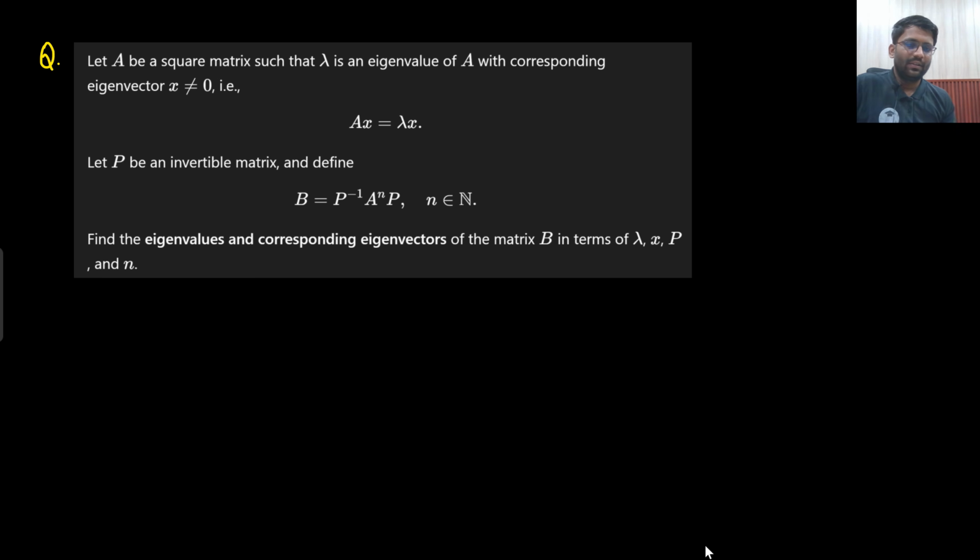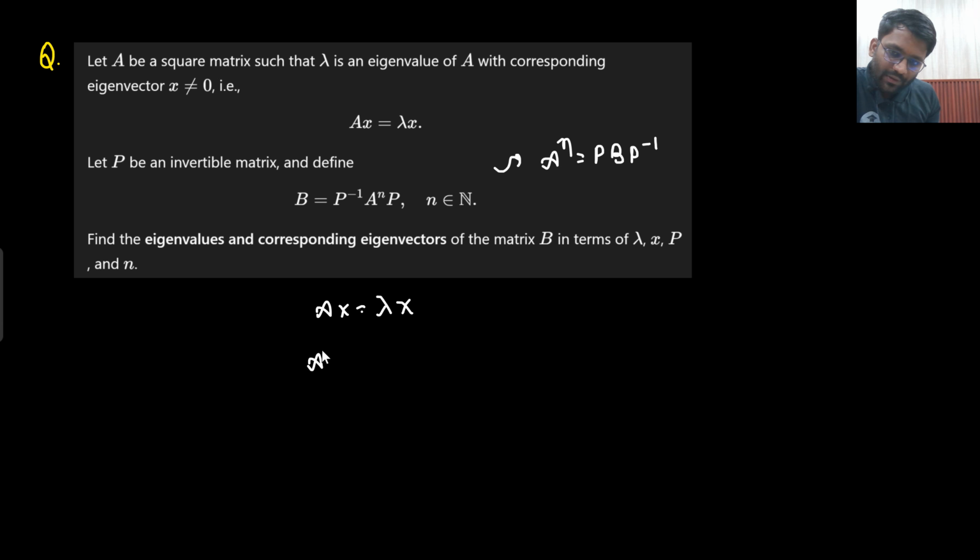What about this question? P inverse A to the power n P. So what will be my matrix B? Yes, this is different. So what will be my matrix A to the power n? From here, the A to the power n relation comes out to be P B P inverse. What is given? Ax equals lambda x is given. What do I know? A to the power n x will be equal to lambda to the power n x. What is A to the power n? P B P inverse x equals lambda to the power n x.